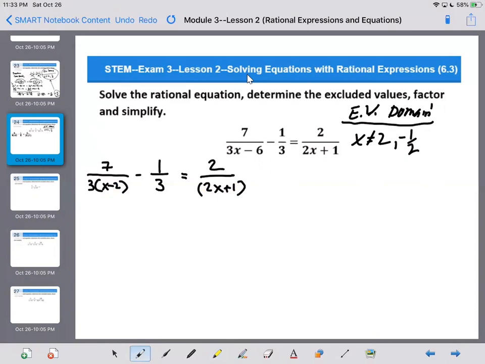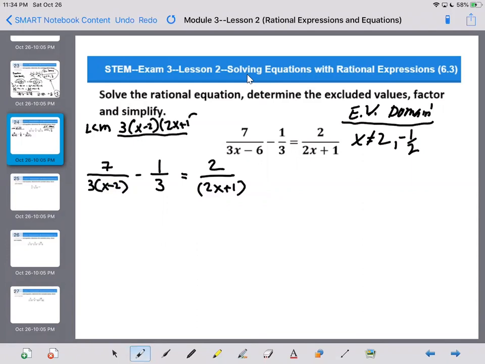Now, you get to this point where you're trying to solve, and your goal is to eliminate things from the denominator. So you're looking for an LCM. Your LCM is actually going to involve the factor 3, it's going to involve x minus 2, and it's going to involve 2x plus 1.